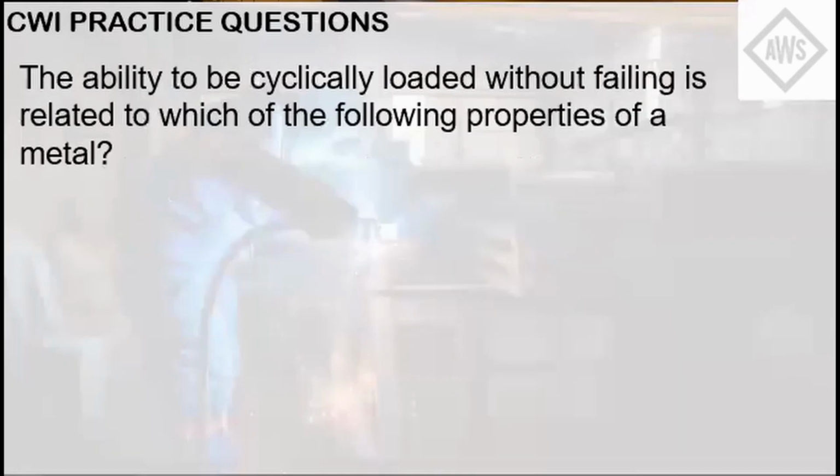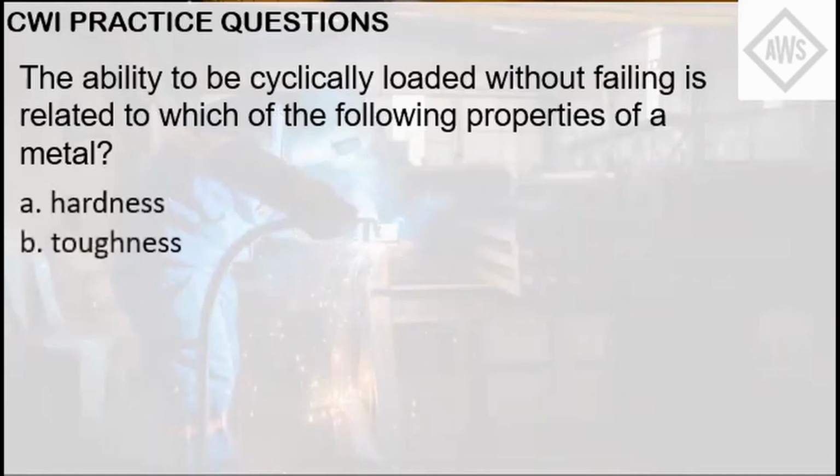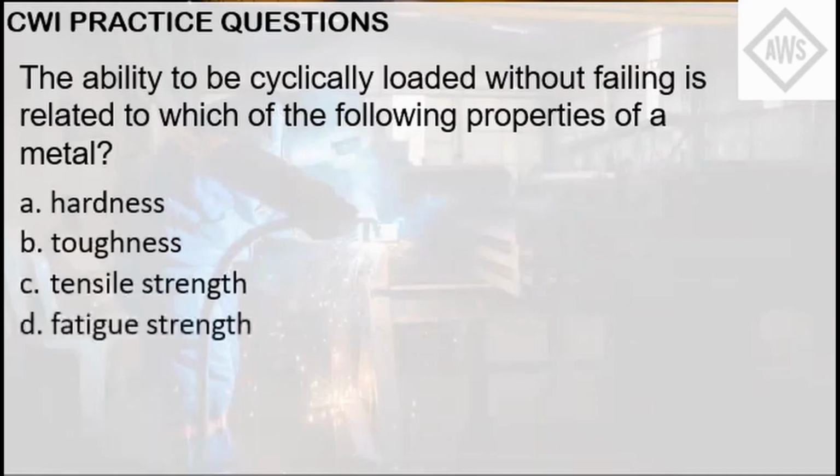Next question. The ability to be cyclically loaded without failing is related to which of the following properties of a metal? Letter A, hardness. Letter B, toughness. Letter C, tensile strength. Letter D, fatigue strength. Letter E, ductility. Hardness is the resistance of a material against deformation.